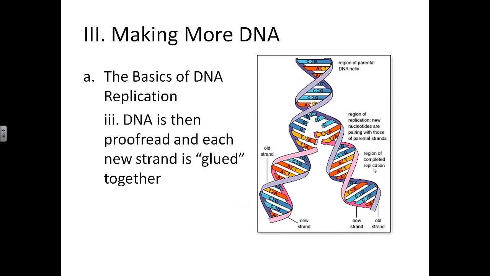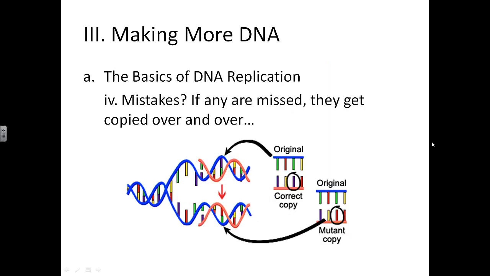And you can see in this picture the DNA gets unzipped. You have 2 sides. DNA polymerase is making a new strand on each side. DNA is then proofread, and each strand is glued together, so it's held in place. And if there's any mistakes, then we usually catch them.